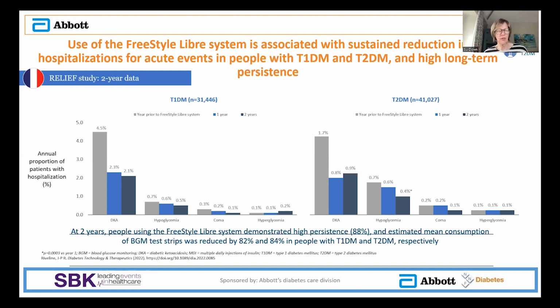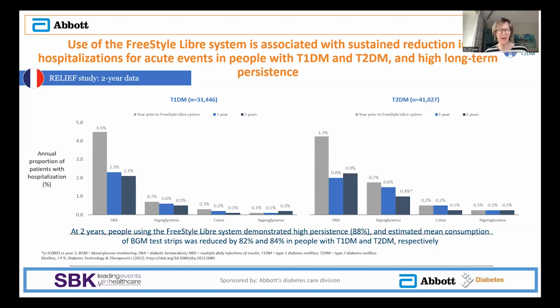But what I found the most positive thing is that over this 2-year period, the number of people that continued to actively use their FreeStyle Libre was staggering. So at 1 year, 98% of people who had started to use FreeStyle Libre 2 were still using it. And at 2 years, 88% of people who had access to this technology continued to use it.